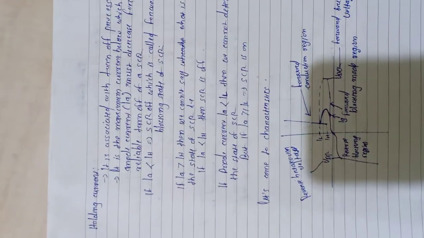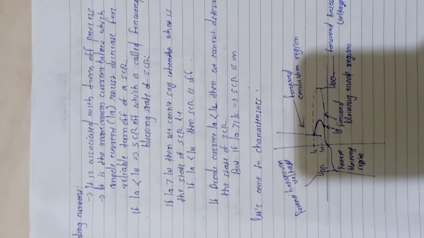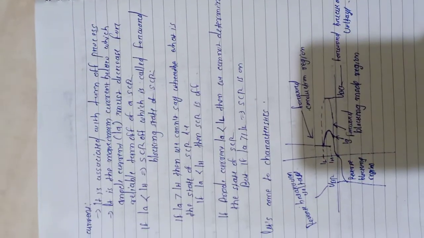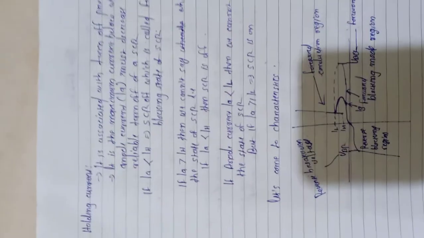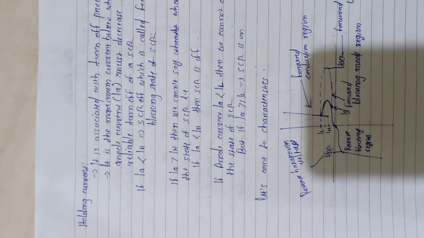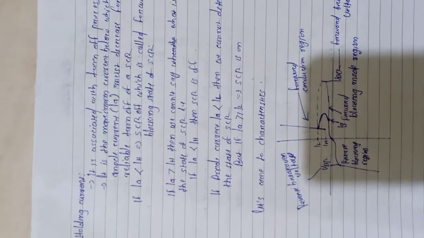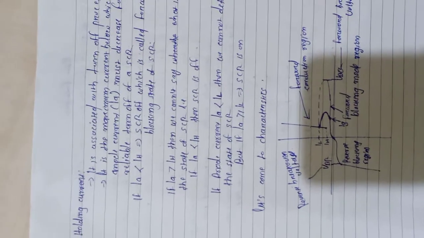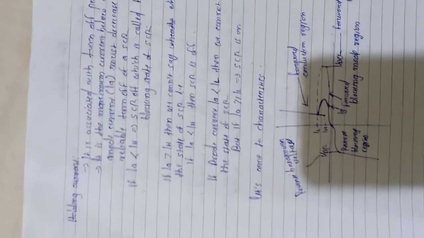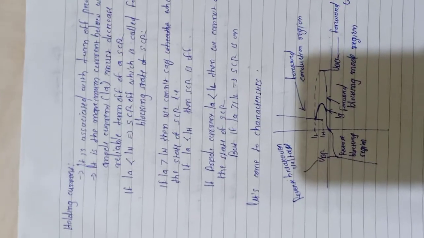If you take anode current IA and it is less than holding current, then the SCR is in off state, which is called the forward blocking state of the SCR. So if IA is greater than IH, what will happen? We cannot say anything about the mode of the SCR if anode current is greater than holding current.